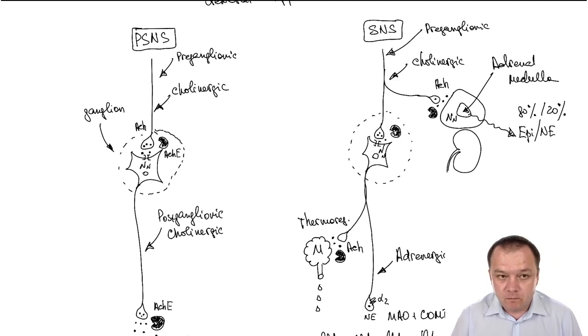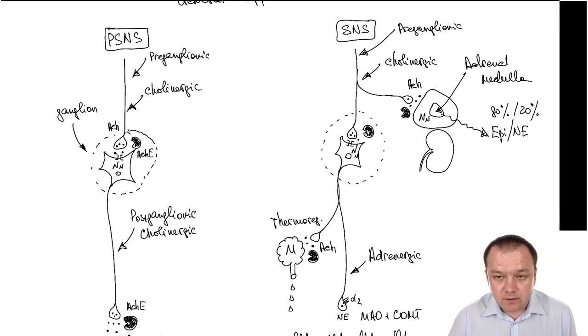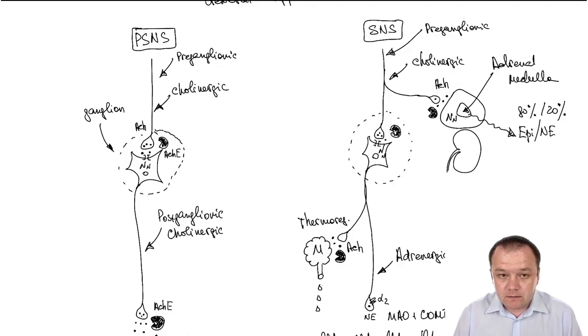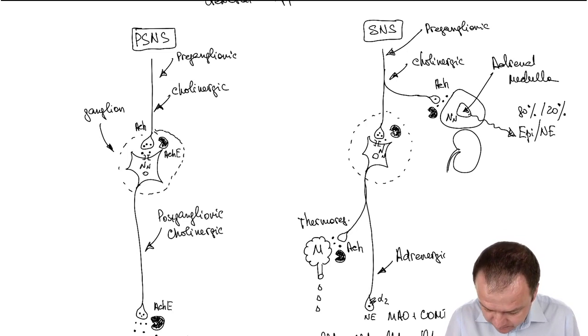norepinephrine. Most likely, you heard that in the lungs we have beta 2 receptors. When we're talking about lungs, of course, we're talking about smooth muscle cells in the lungs.